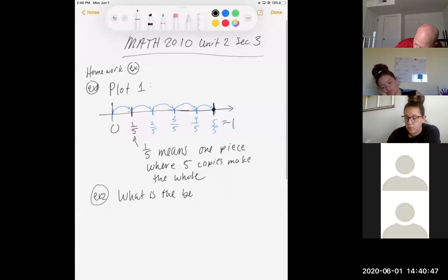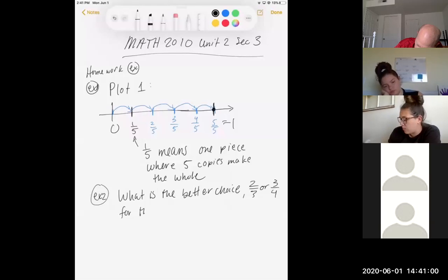So what is the better choice? Two-thirds or 3/4? For the location, mark A on the number line.